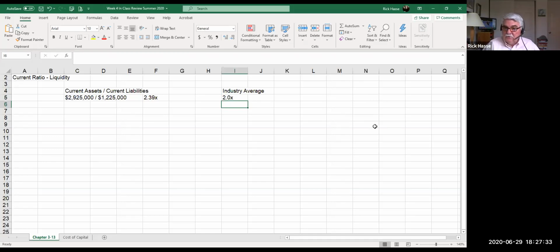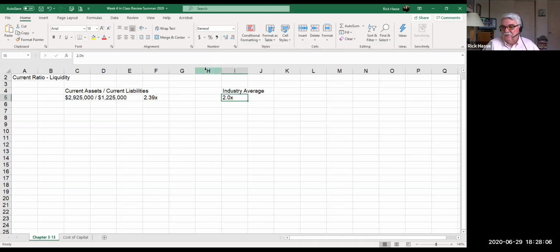Too much inventory is making them illiquid on a current basis. In the real world, the current ratio should be anywhere from 1.25 to about 2. This current ratio is a little high. And if they have too much cash, they should be investing that out.